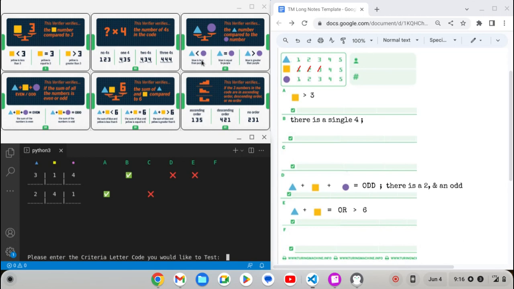So I'm going to deduce then that triangle has to be less than circle. So for my notes for C, I'm going to deduce that triangle should be less than circle.